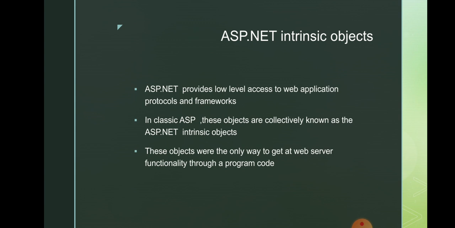This collection of objects is called ASP.NET Intrinsic Objects. These objects are the only way to get the web server functionality through our program code. We can get or control the web server functionality with the help of our program code, through the .NET Intrinsic Objects.